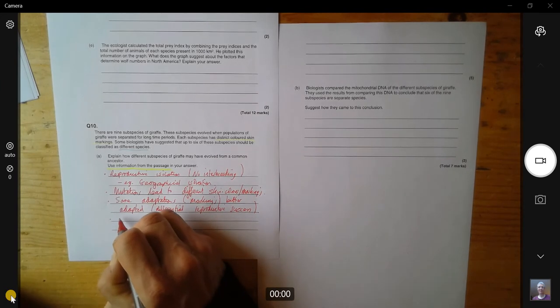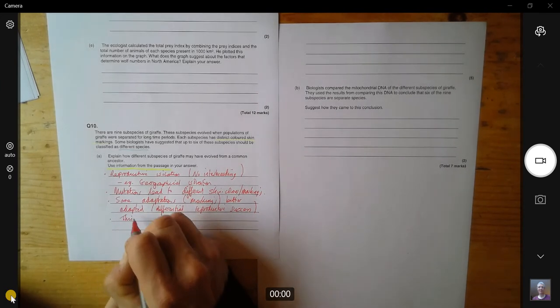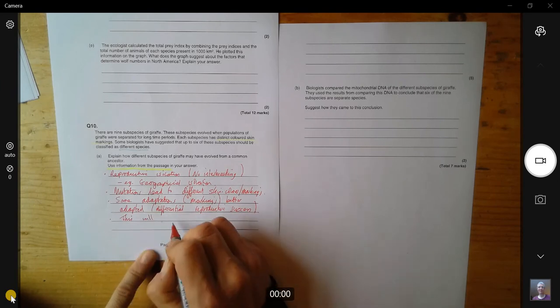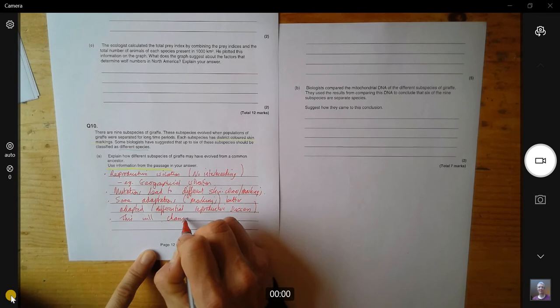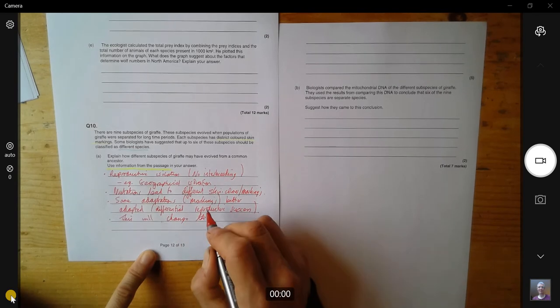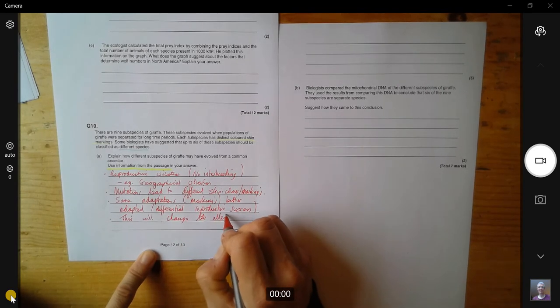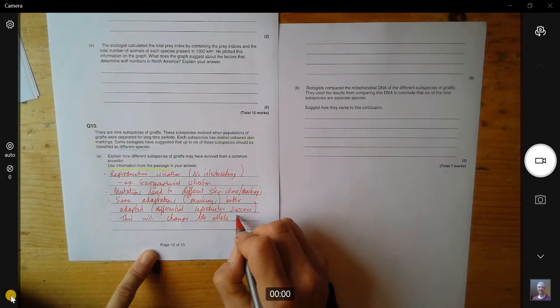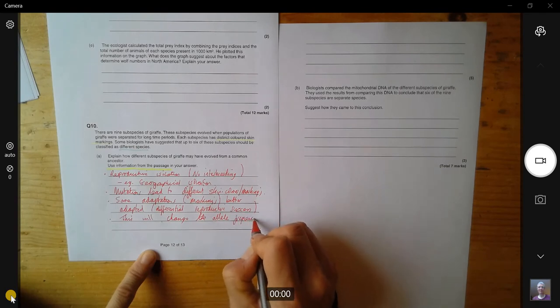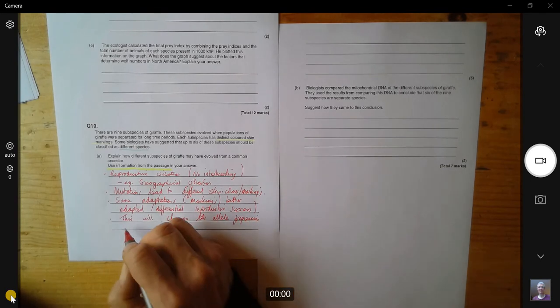So this will change the allele frequencies.